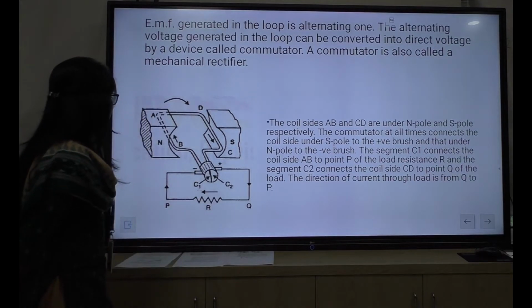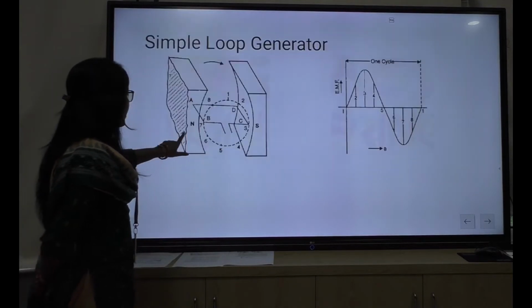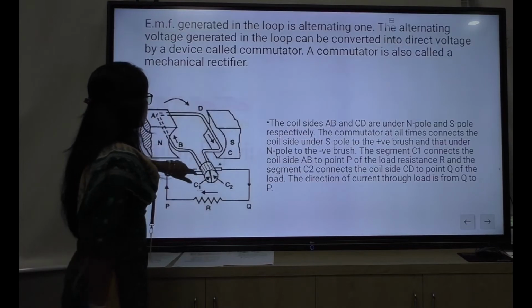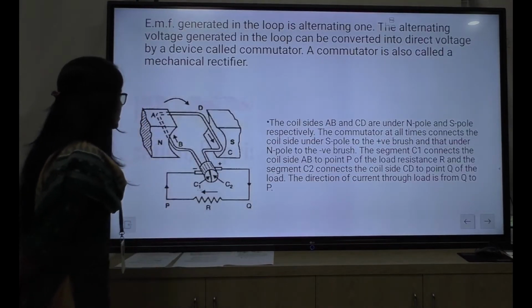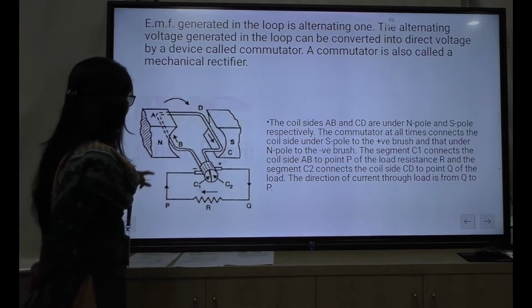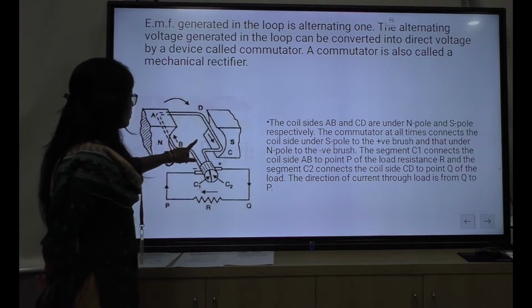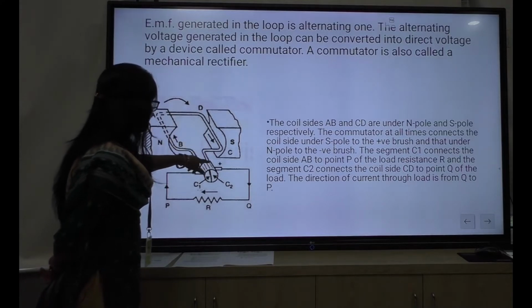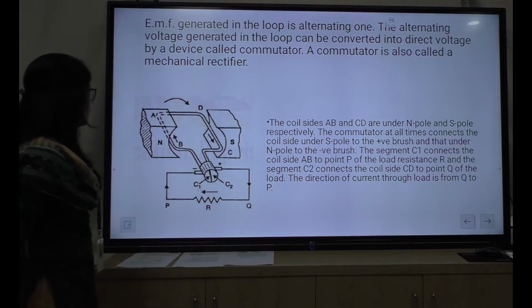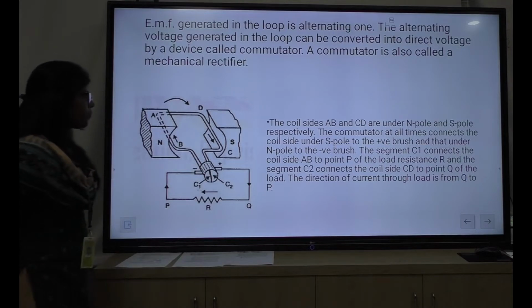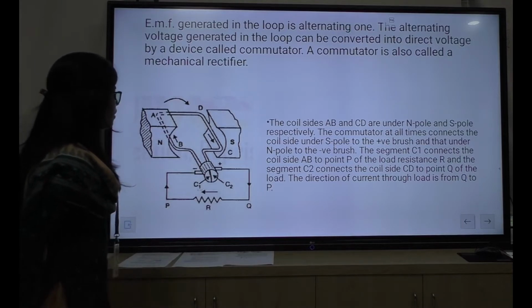Here the coil side AB is under north pole and coil side CD is under south pole, and this commutator connects the coil side AB under south pole to positive brush and under north pole to negative brush. Okay.